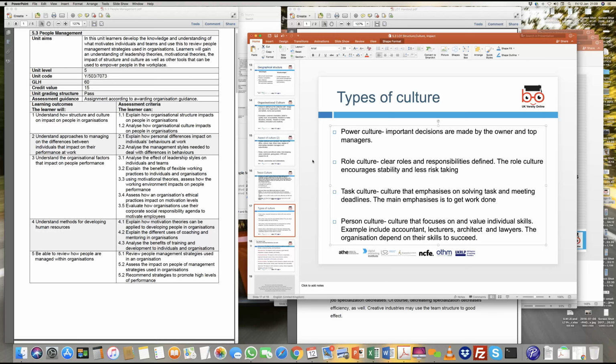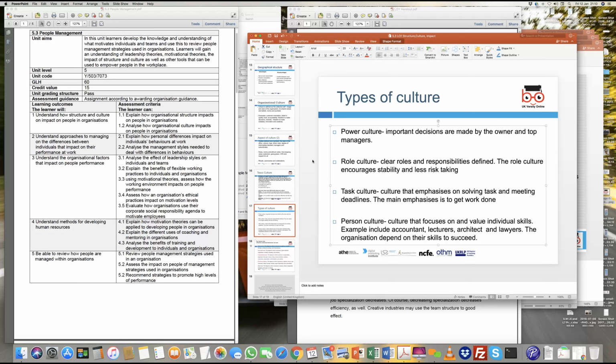And this role culture typically encourages more delegation of decision making, and it is more or less a less risk taking culture. That means because the employees are generally quite content with the responsibility that they are given, they take less risk in taking decisions which can lead to a loss of reputation or loss of money.